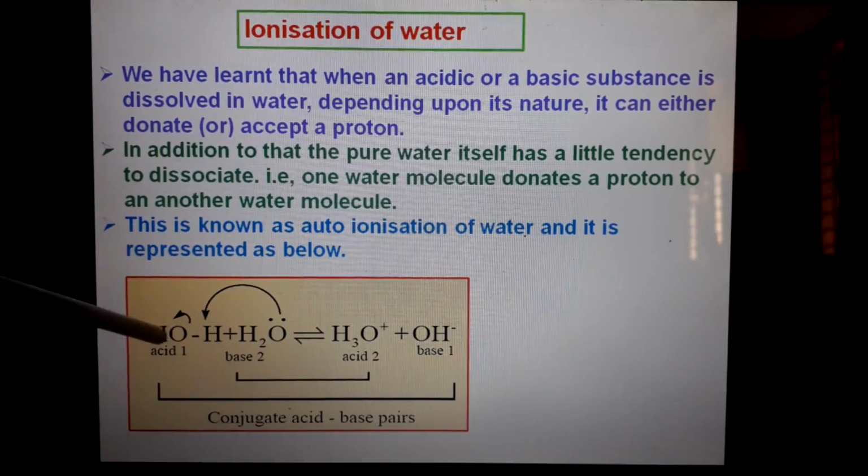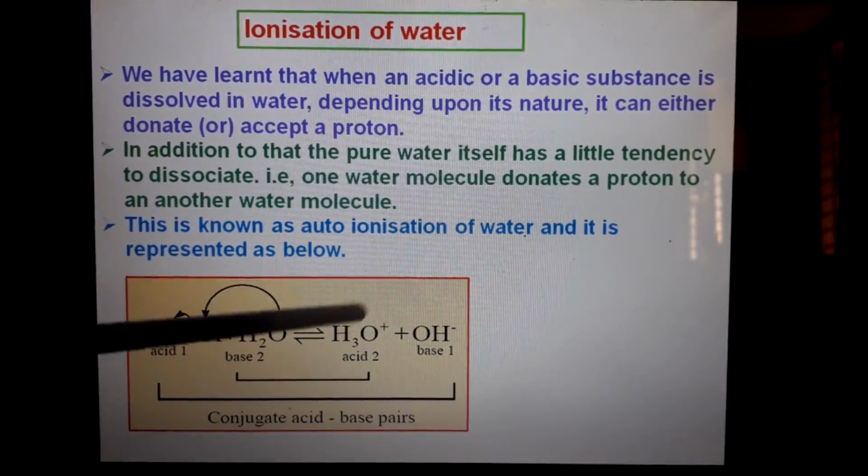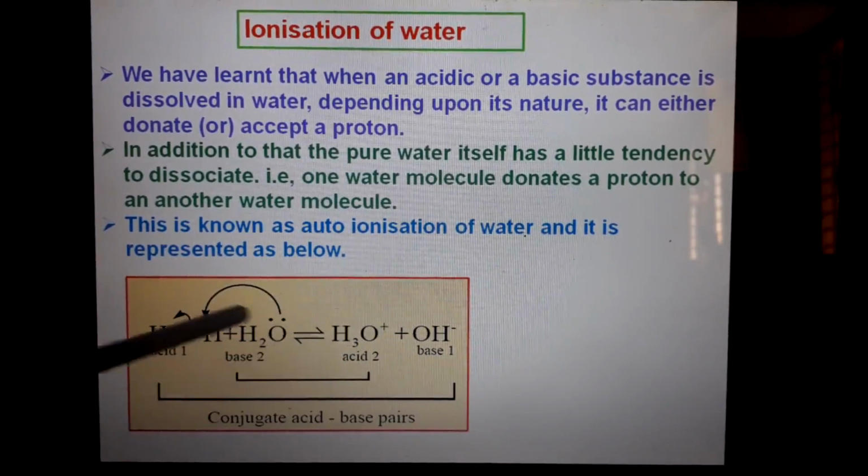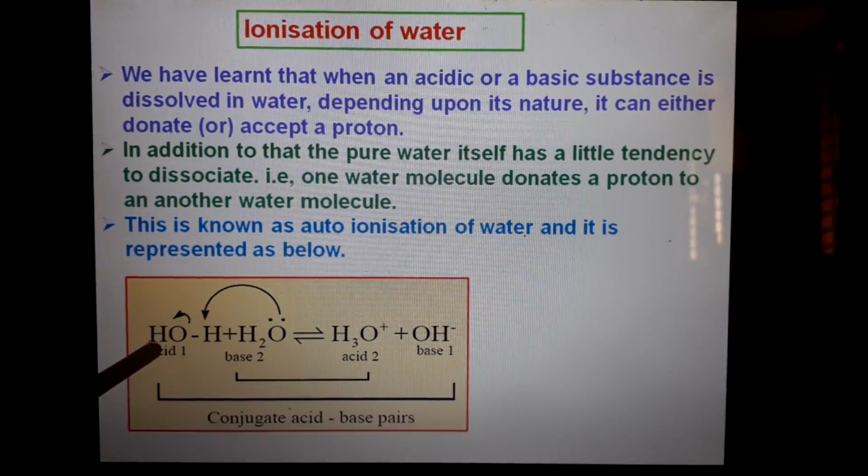Therefore one molecule changes to H3O+ and one molecule to OH− ion. In this equation, OH− and the water molecule are a conjugate acid-base pair, and the other H2O acts as a base, with H3O+ as its conjugate pair. This is called the auto ionization of water.